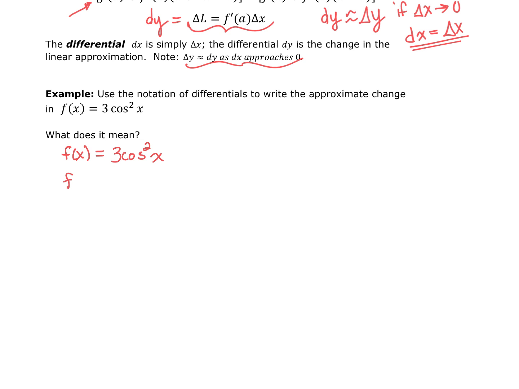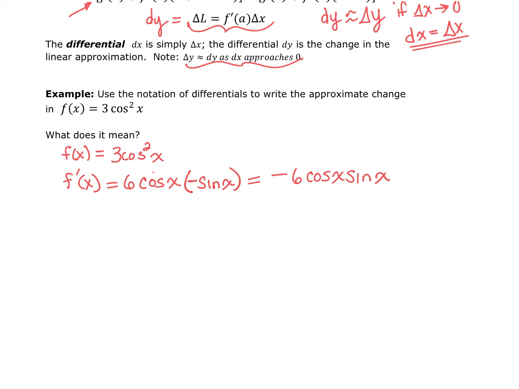And I'm going to find the derivative, which is, using the chain rule, 6 cosine of x times sine of x. Oh, excuse me, derivative of cosine is negative sine of x. So simplifying that, we get minus 6 cos x sine x.